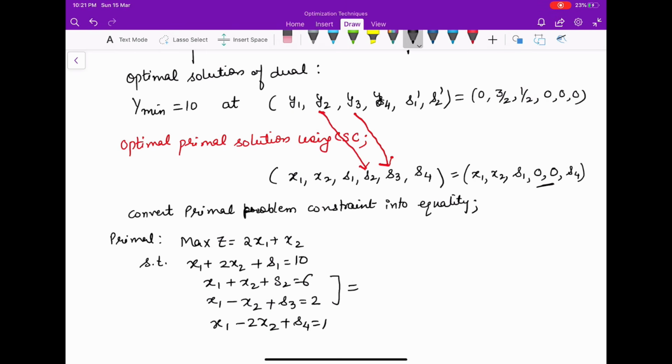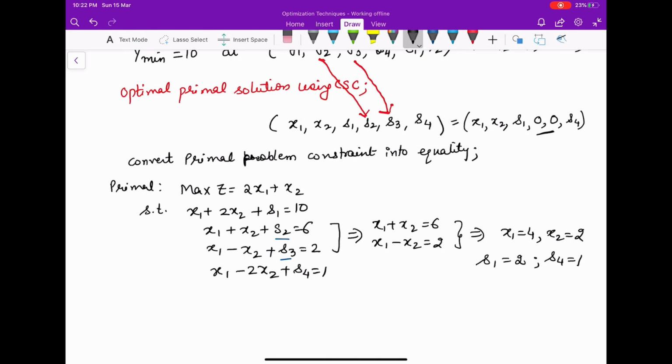Now these two constraints become x1 plus x2 equal to 6 and x1 minus x2 equal to 2, because we know that s2 and s3 are 0. So we reduce this to this constraint. Now you can further solve these two and you can find the value for x1 as 4 and x2 as 2. So once you know x1 and x2, you can substitute and find the corresponding value for s1, that comes out to be 2, and s4, that comes out to be 1.